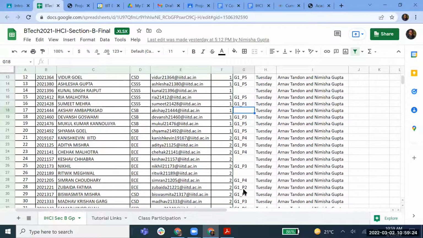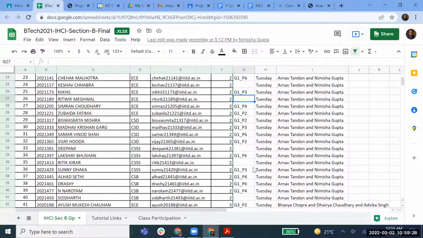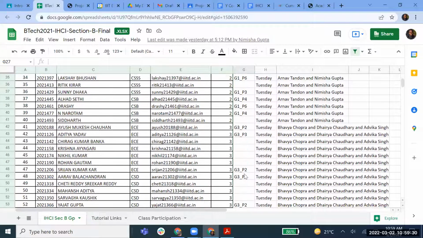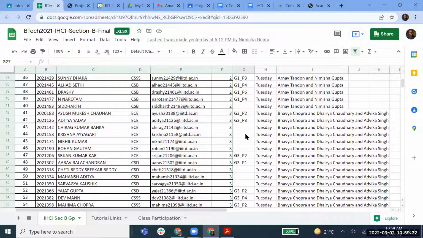Keshav, Ritvik, is there anyone among these who hasn't written their group members? Rohan, Nikhil, Chirag Kumar Banka, are you here? Yes, sir. Are you part of any group?